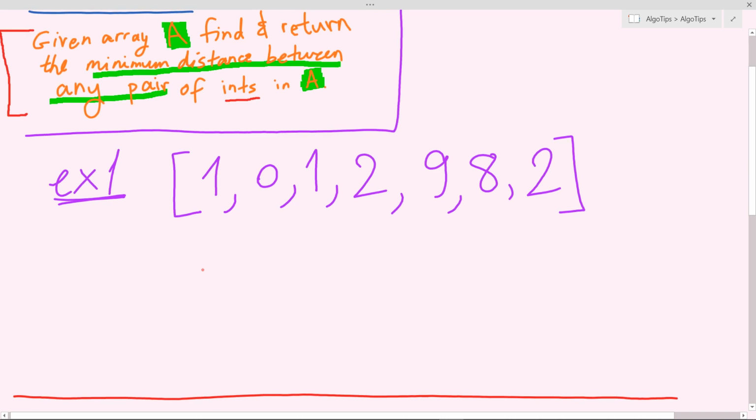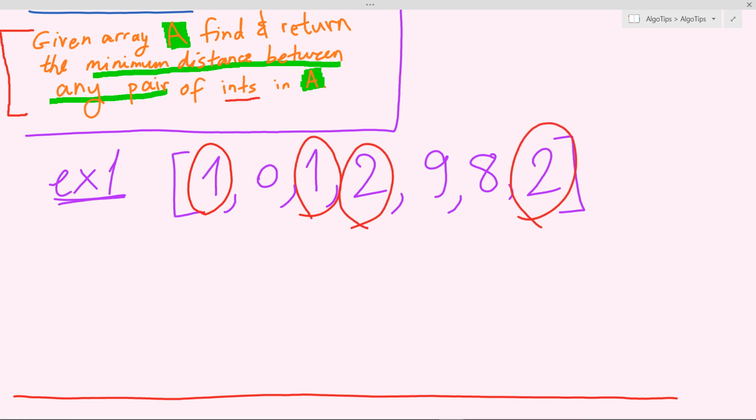So for this example, we see that there are two pairs, the pairs of ones and the pairs of twos. So for the ones, the distance between the pairs of ones is of course 2 spaces. So we write that the distance between the ones is 2.